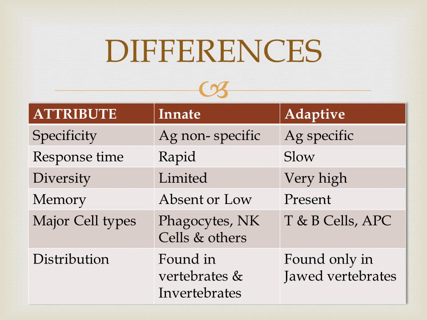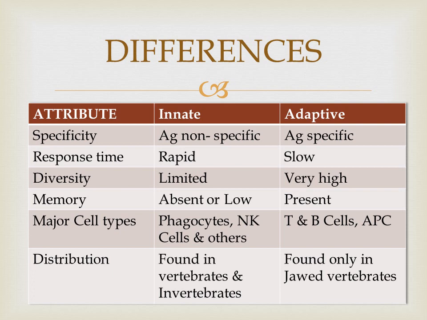The response rate in innate, which is the ready-made defense system, is very fast, whereas adaptive will take some time for formation of antibodies. Regarding diversity, innate is basic, so it has limited diversity, whereas adaptive has high diversity. Then memory: innate does not have any memory, whereas the adaptive immune system has memory.